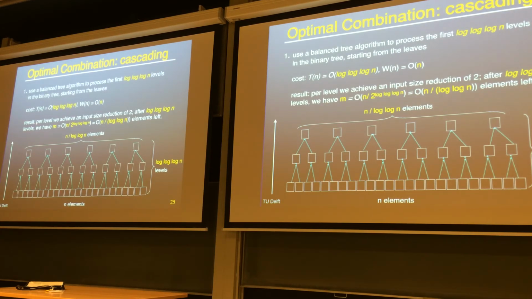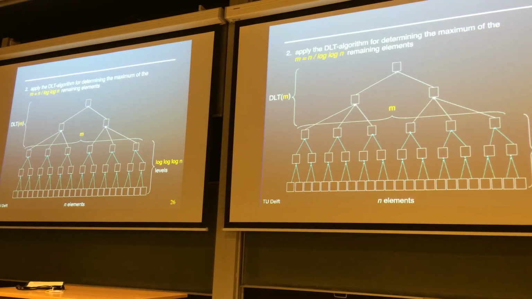So, after we have processed this, we have a number of elements in which we have to find the maximum, which contains O(n divided by log n) elements. And once we have n divided by log n elements, we now apply the DLT technique, because now m equals n divided by log n.